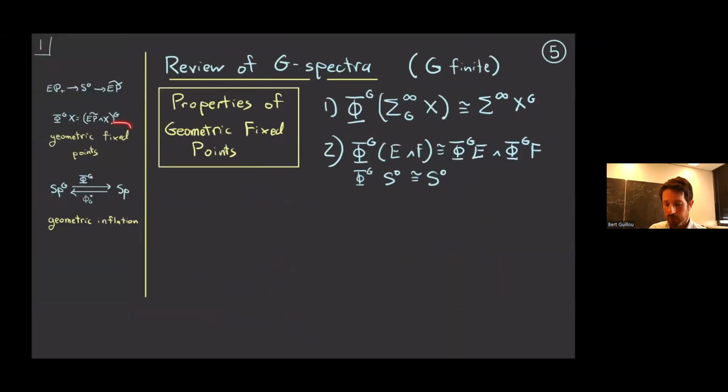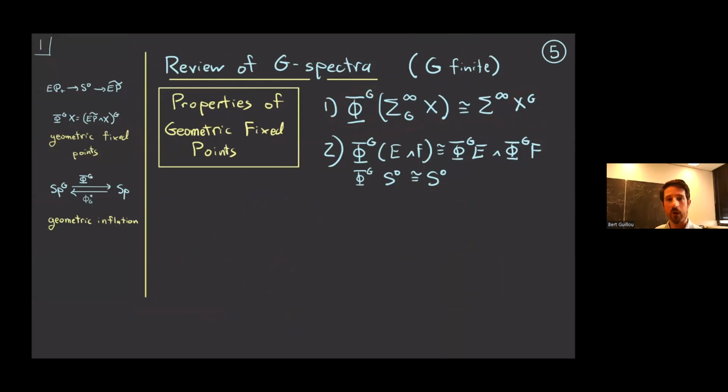All right, so again, we just saw this geometric fixed points construction, and here are some of the key properties of geometric fixed points. Again, it fixes this problem that we saw for the categorical fixed points, namely, it does behave exactly as you might hope. The geometric fixed points of a suspension spectrum is just you first take the space level fixed points and then spectrify.